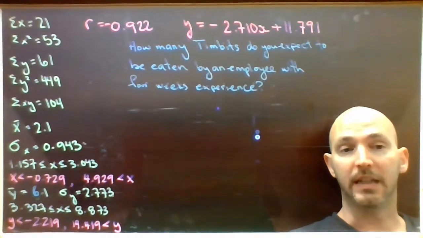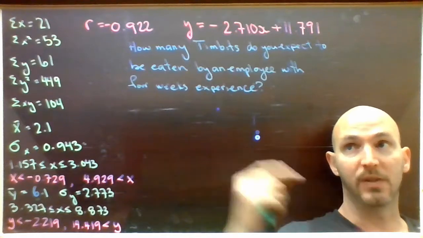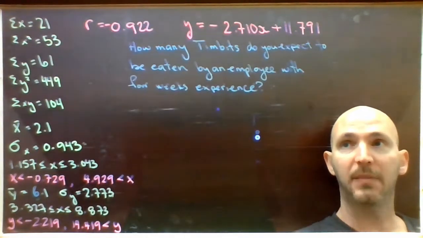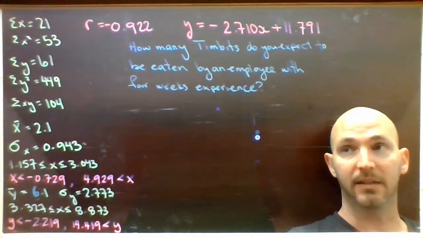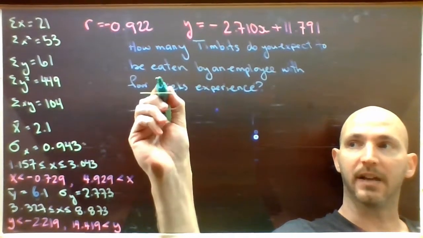So on to the extrapolation and interpolation section. If you were to ask yourself, using this particular model and that particular correlation coefficient, how many timbits you would expect to be eaten by an employee with 4 weeks of experience? Well, 4 weeks of experience, this was our x value.